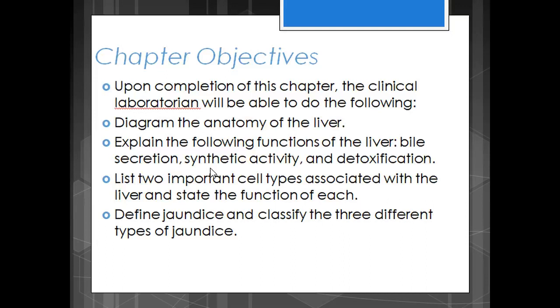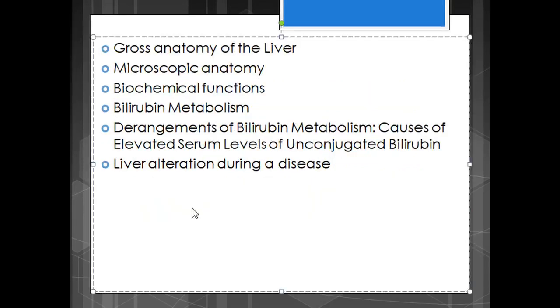List two important cell types associated with the liver and state the function of each. And define jaundice and classify the three different types of jaundice. It was not listed here, but also determine what the derangements of bilirubin metabolism are and what type of bilirubin is increased in these disorders.